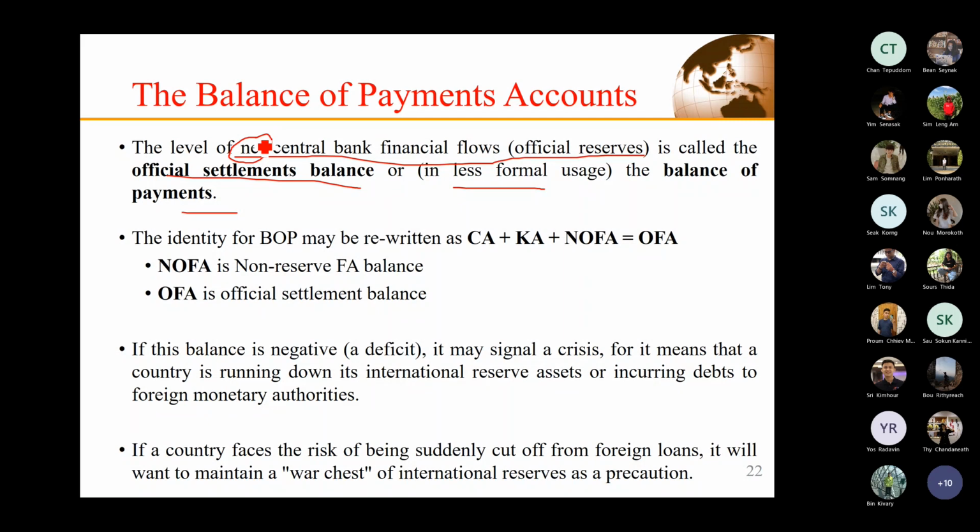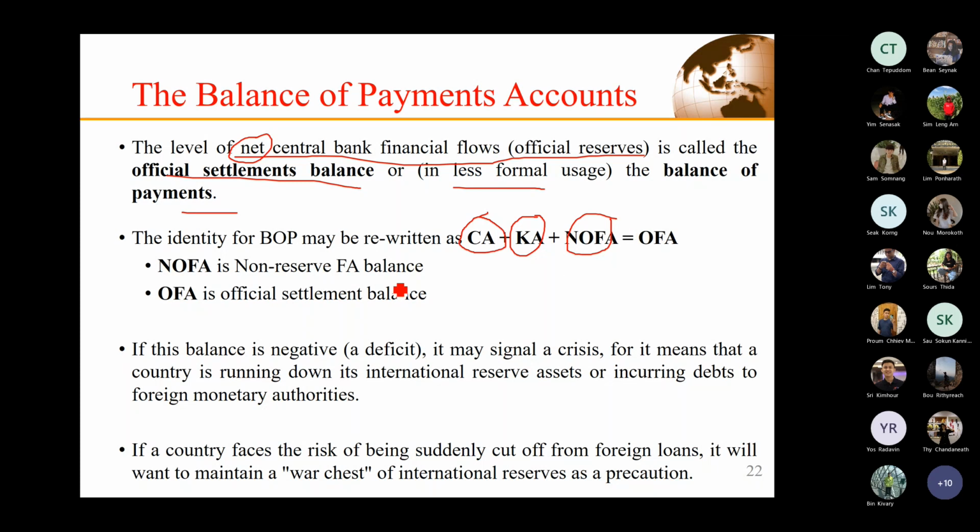So here I just write the equation again. This one is the current account, which we already learned. It's the balance in the current account, and if we add it to the balance in the capital account, and we remember we have the financial account, right? But now I split the financial account into two.